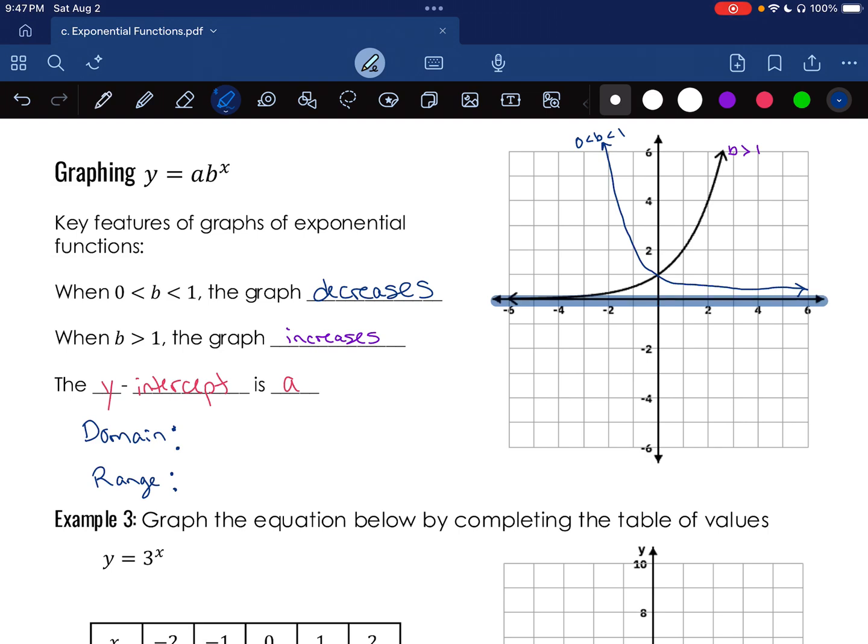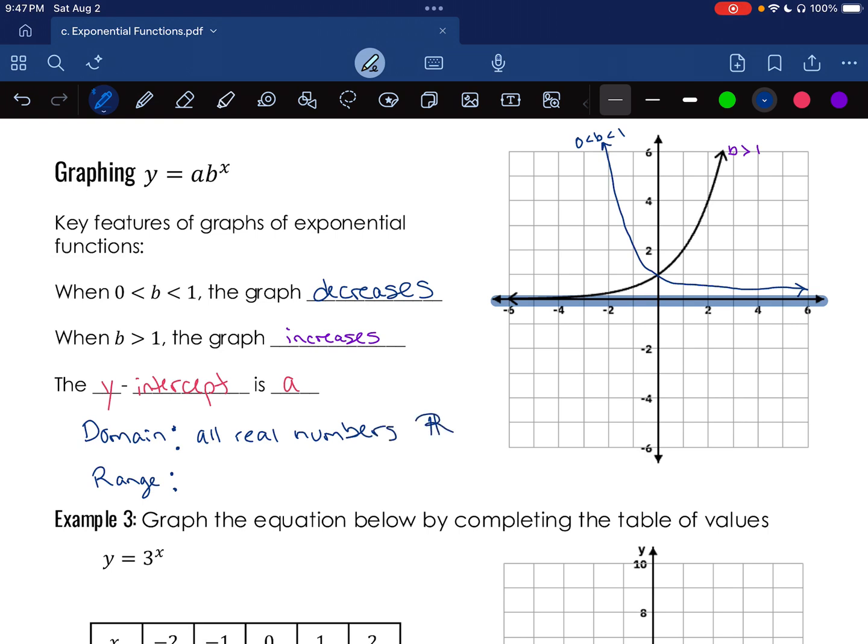So that is going to be all real numbers, or your teacher may use this symbol, the blackboard bold R.